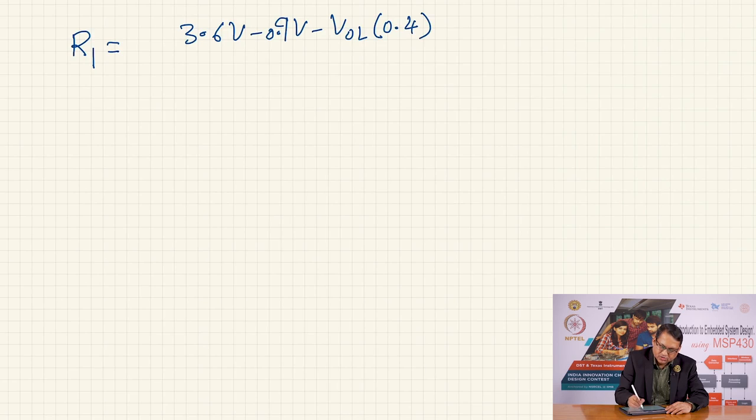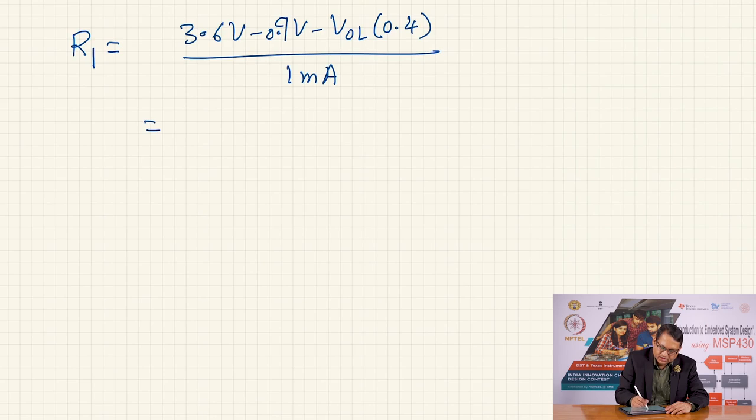So, we will use this 1 milliampere in this equation, and what does this lead to? The R1 value is equal to 3.6 volts minus VBE, which is 0.9 volt, minus VOL, which is 0.4 volts, divided by 1 milliampere.